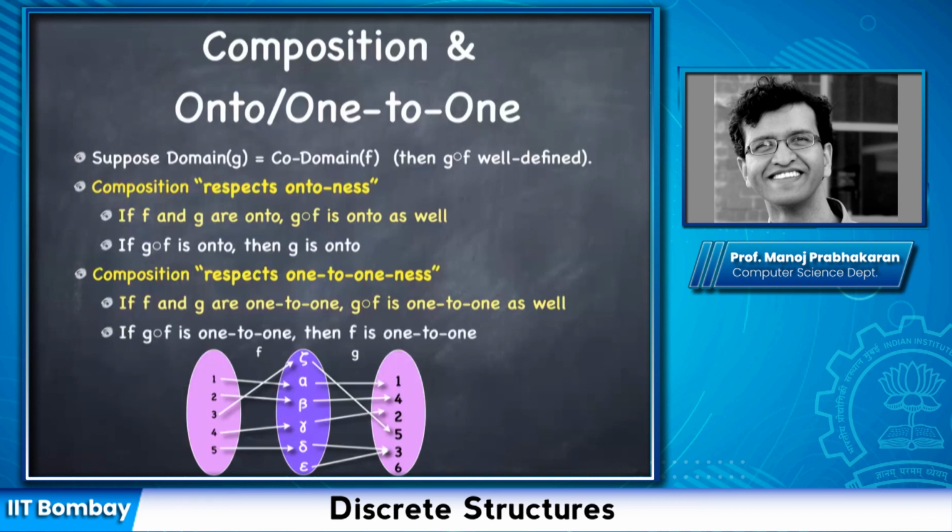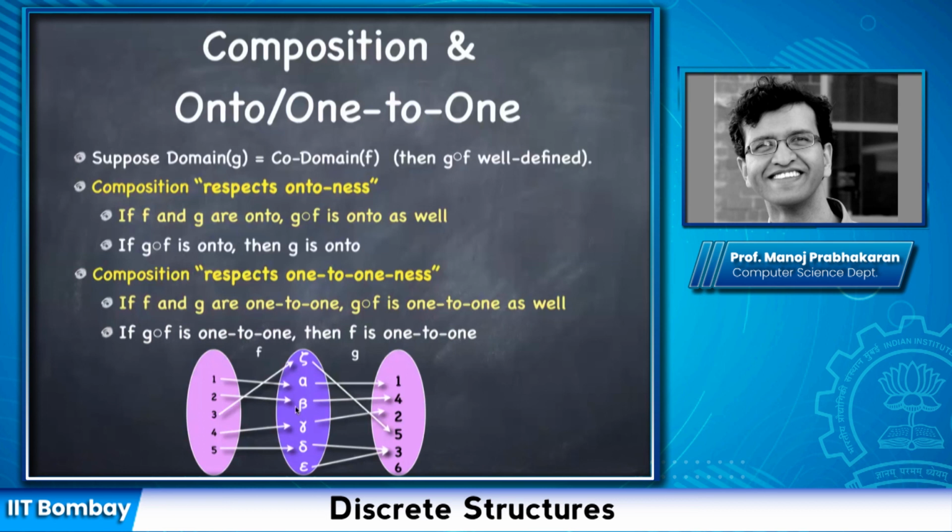However, again, I can say something about f. I can say that f has to be one-to-one. If f were not one-to-one, say 2 and 3 both map to beta, then doesn't matter what g is, g of 2 and g of 3 will be the same value. So if f had a collision, so to speak, if f mapped two elements to the same value here, then g of f will keep them mapped to the same value.